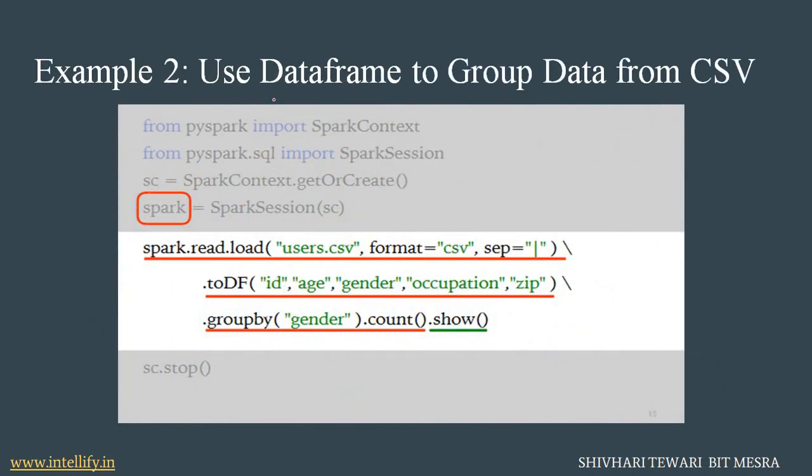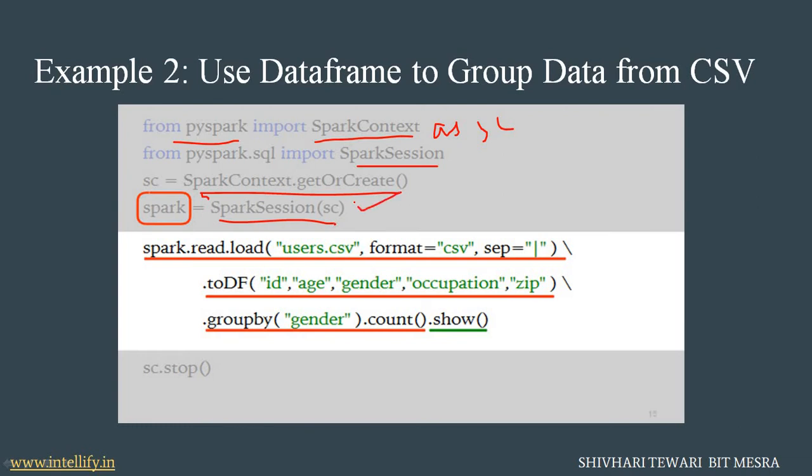Now, how to use a data frame to group data from CSV? First we will call PySpark, then we will import SparkContext as SC. Then from pyspark.sql we will import SparkSession. Then sc equals SparkContext.getOrCreate, where we will create our RDD or data set, and spark equals SparkSession.